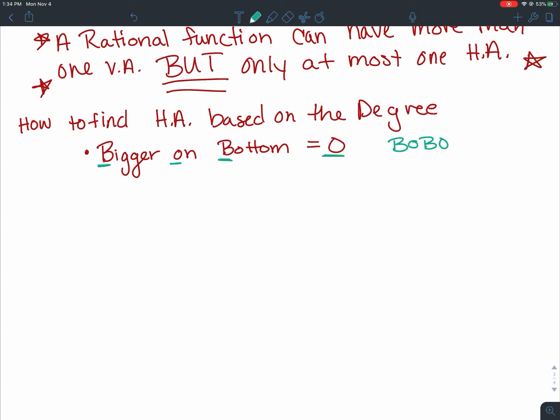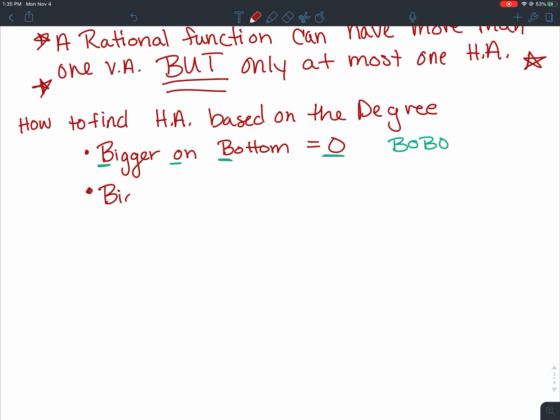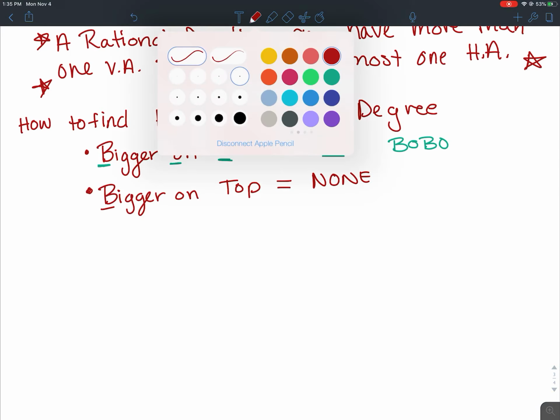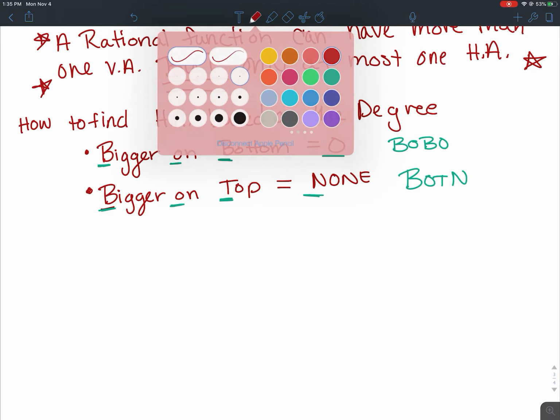If it's bigger on top, it equals none. There is none. Bigger on top equals none. Bobo, bigger on bottom equals 0. Bigger on top equals none.